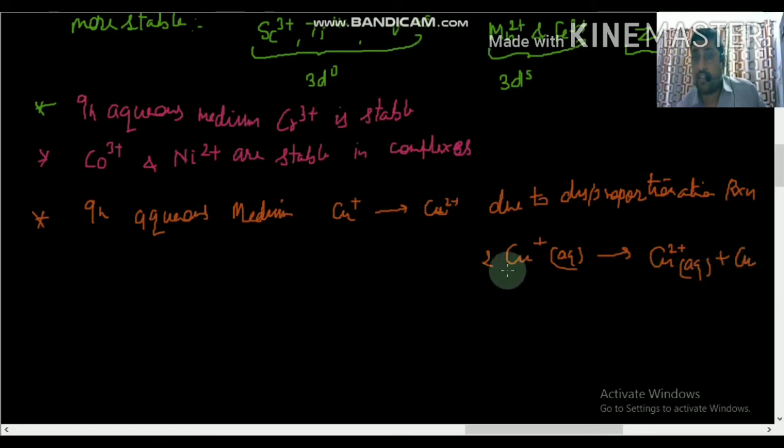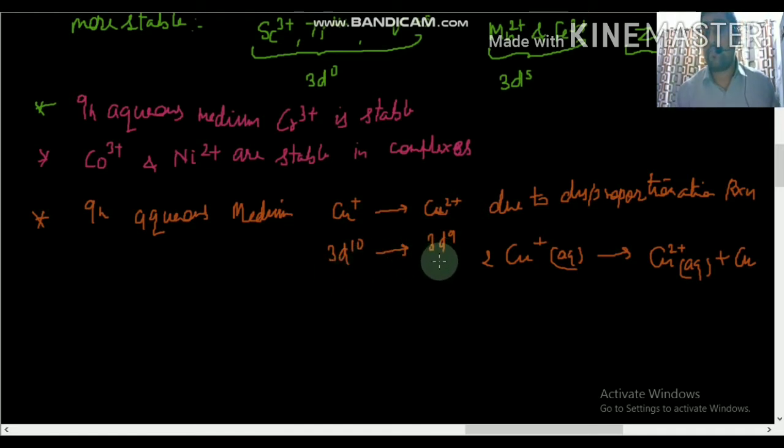Now why does this change occur? Because Cu+ has 3d10 and Cu2+ has 3d9. Why does copper get converted from a seemingly more stable state to a somewhat unstable state?